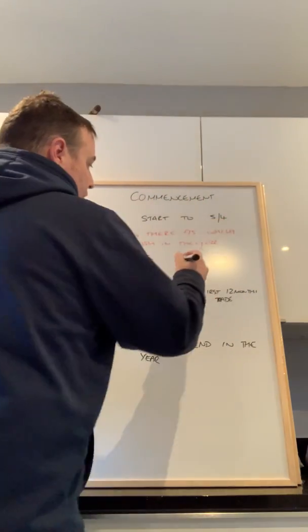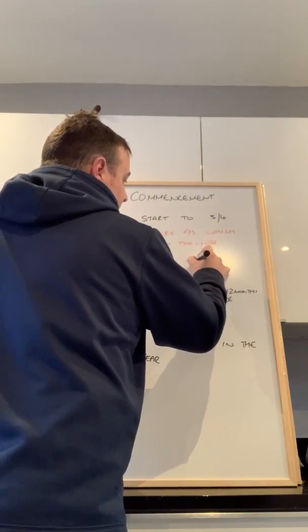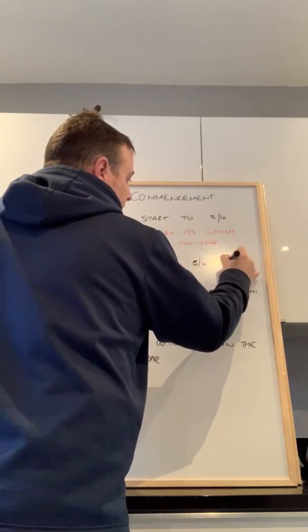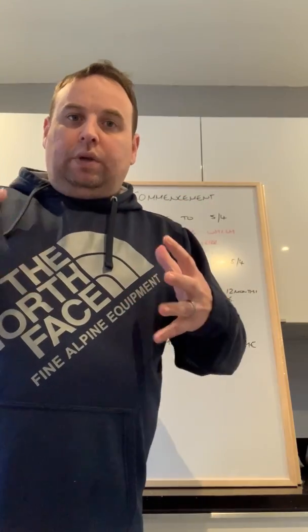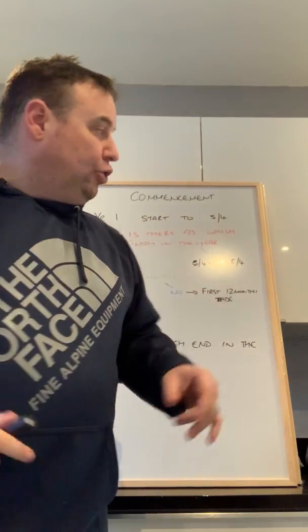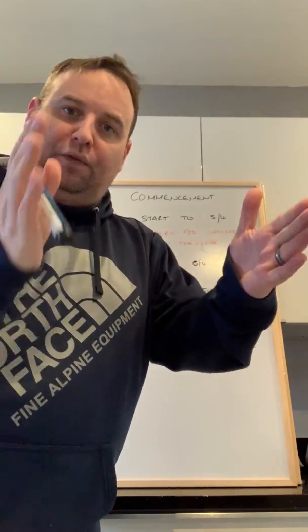Now, if there is not a set of financial statements being finished in that year, you use the actual dates. You look at what financial statements there are, and you piece together the 6th of April to the 5th of April.